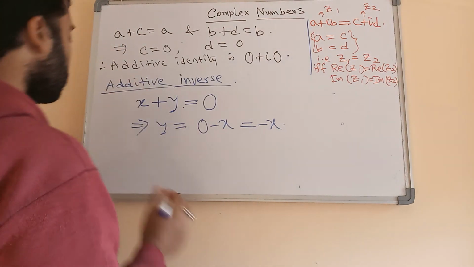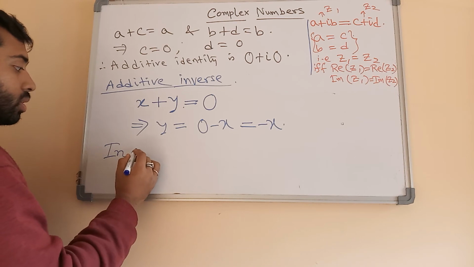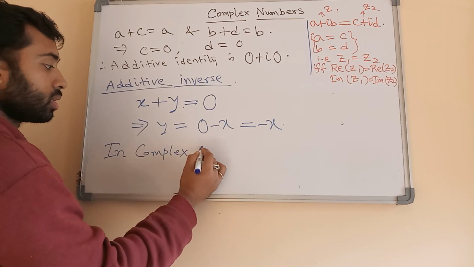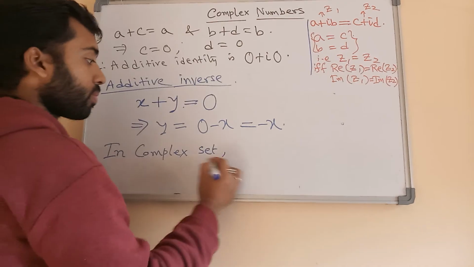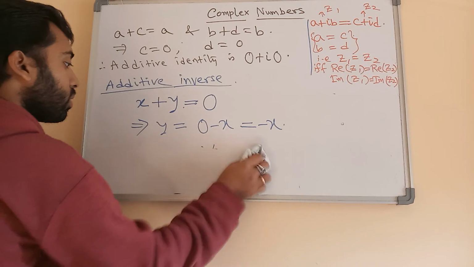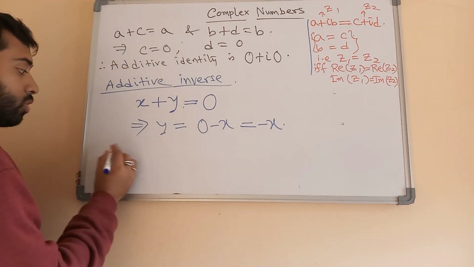Now, in case of the complex number set, let's start with the general form z.